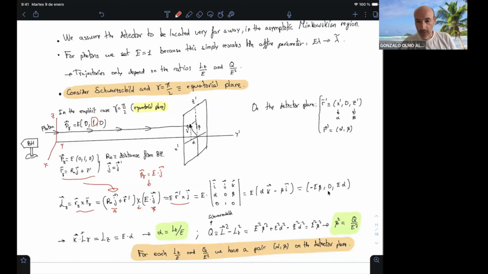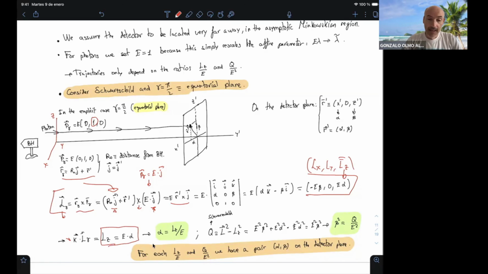So in vectorial form, this is what we get, and this is the angular momentum. Obviously, this will be the Lx component, Ly component, and Lz component. Multiplying the vector L by the k direction, we get the Lz component, and it gives simply the energy times alpha.